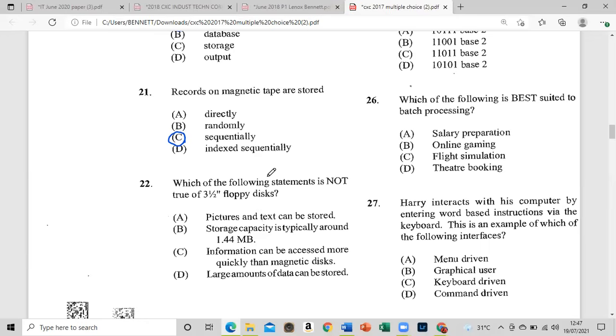I was a bit shocked because I was saying, yo, to get information from a floppy disk can take longer than something else. That was my first initial thought. But when I saw "a large amount of data can be stored," I'm still not sure, because if it's words, it can store a lot of data, but I'm not sure what they mean.